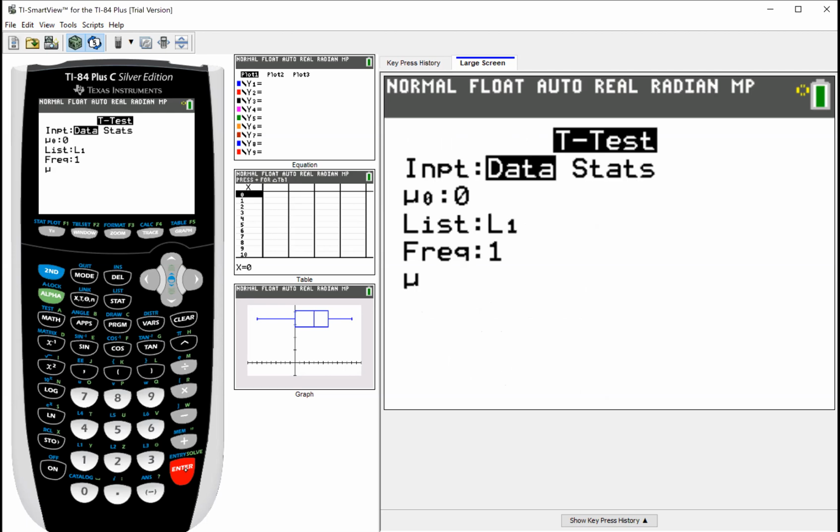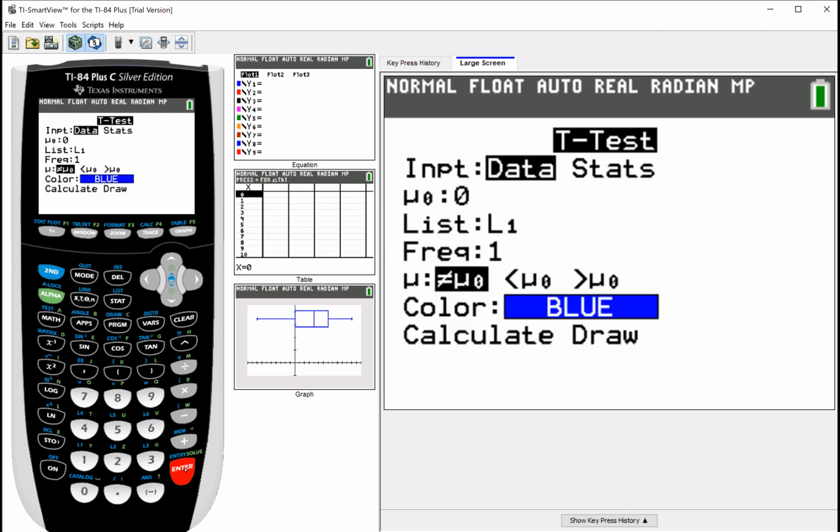So we're choosing t-test. And here, since we have the data in the calculator, I could just use data. You could also use stats, but let's use data and let's make sure our null value was 0, so that's fine. We can leave that alone. And for list, we have that data in L3, so I'm going to use second 3 next to list to put it in L3.